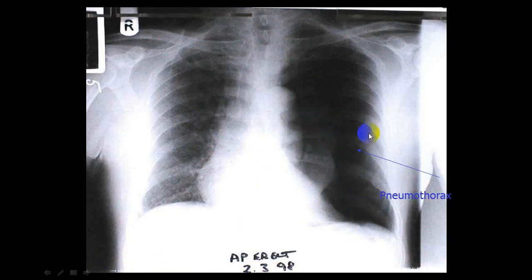Here the positive pressure is more than the negative pressure, so that will push the trachea to the opposite side, and you can see the trachea is pushed to the opposite side, and even the mediastinum is shifted towards the opposite side, that is to the right side. This is right, this is left side, so this is left side pneumothorax. And if there is a gross shift of these structures, we use the word tension pneumothorax.